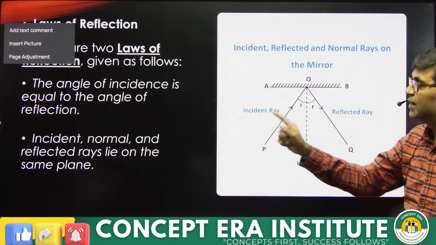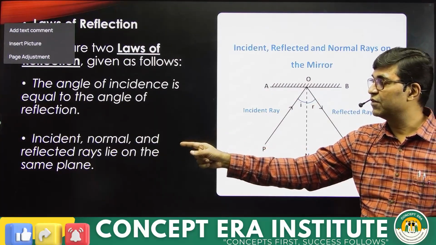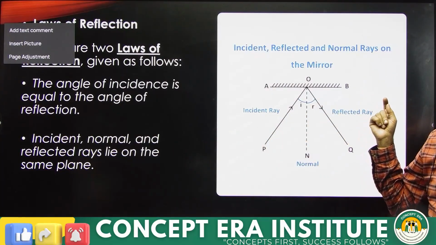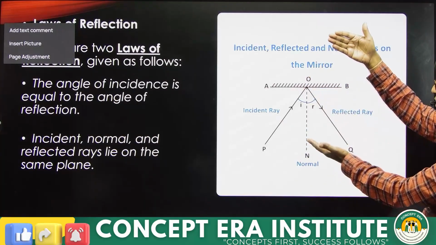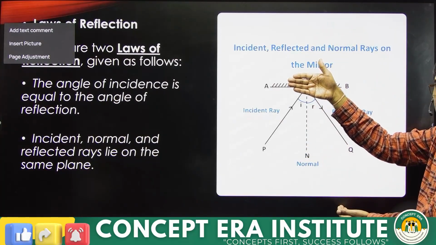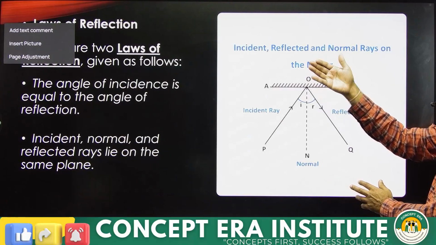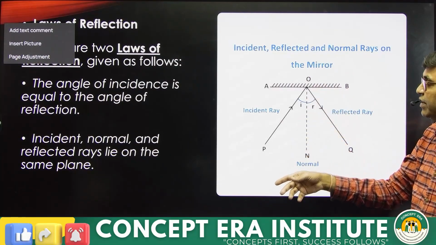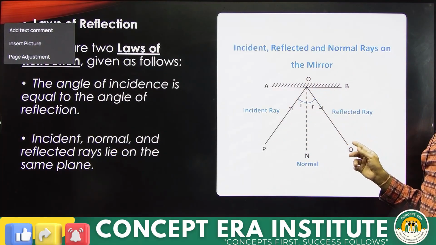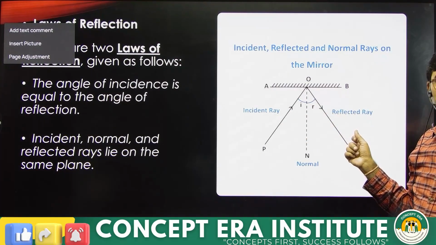The second law: the incident, the normal, and the reflected rays all lie in the same plane. Suppose this is the plane in which the reflection is occurring. If we turn this plane, make it circular or cylindrical, we will not be able to see either one or all of these.